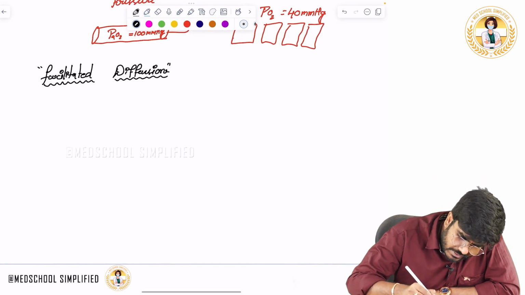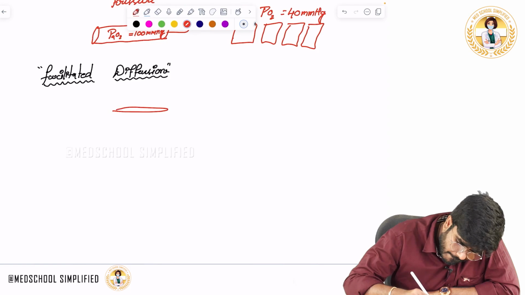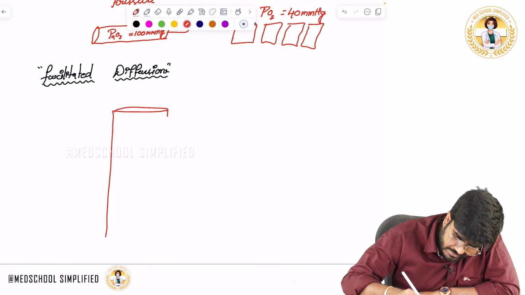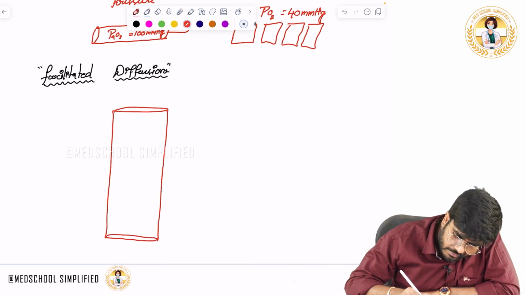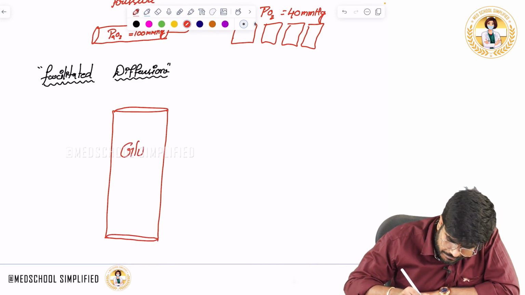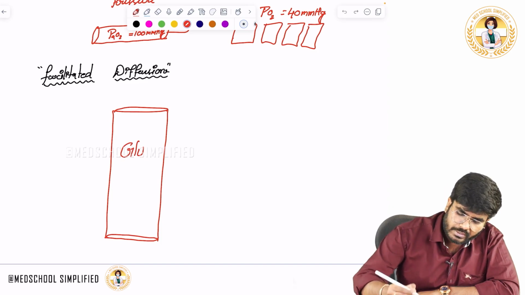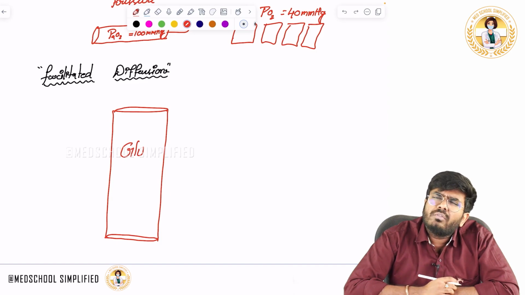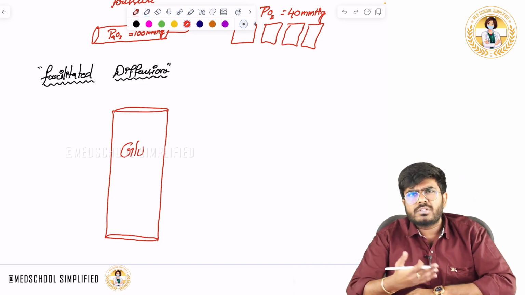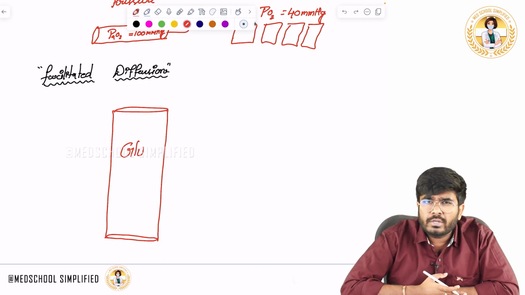Here I am showing your blood vessel. After eating food, the food is digested, and you have high levels of glucose in your blood. But do you require glucose in your blood, or do you want the glucose to go into the tissues for the production of ATP? You want the glucose to enter the cells.